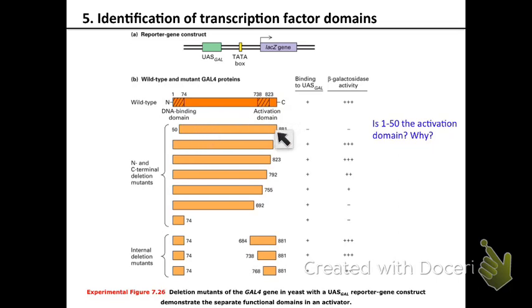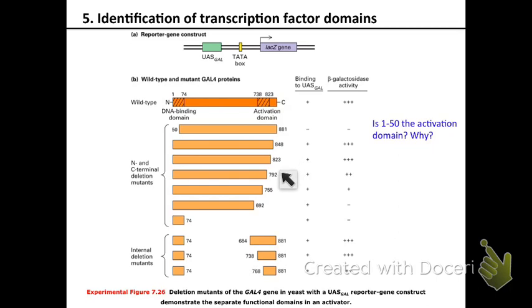And then you slowly delete more and more amino acids from the C-terminus. When you delete the amino acids between 848 and the end of the protein, does it have any effect on activation? No, right? So I conclude that the amino acids between 848 and the end are not required for activation, and therefore do not contain any sequences of the activation domain.